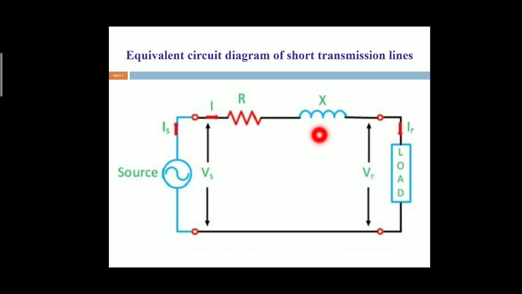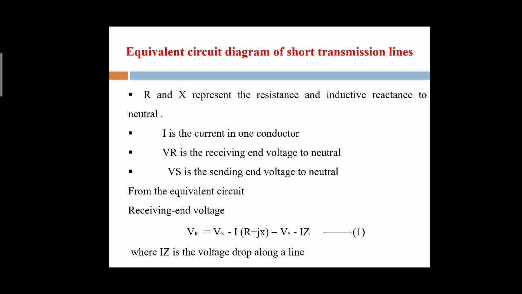R plus jX is replaced by Z. Therefore VR equals Vs minus I into Z. This is the equivalent circuit diagram and the receiving end voltage equation, equation number 1.